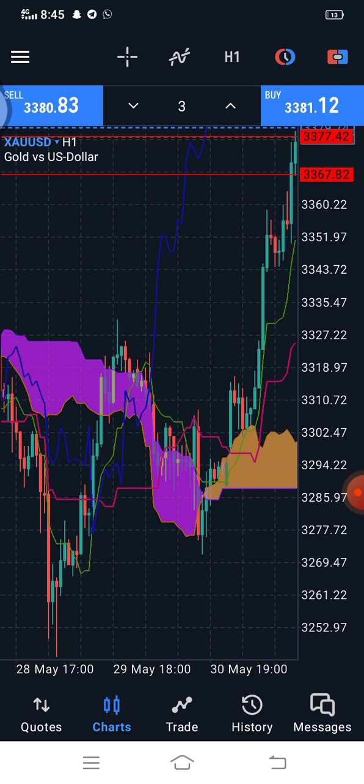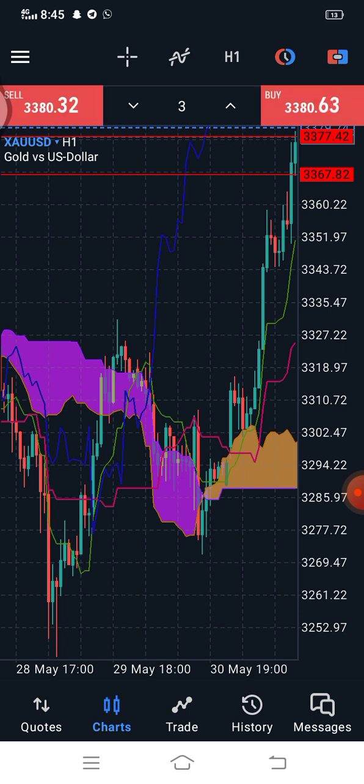If you are bullish, if you want to buy, the first thing you should check is whether the conversion line is above the baseline. Is the green line I have here above the pink line? That's the first thing you look at. If you are buying, the conversion line must be above the baseline.